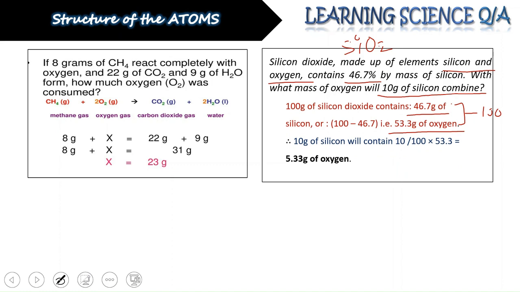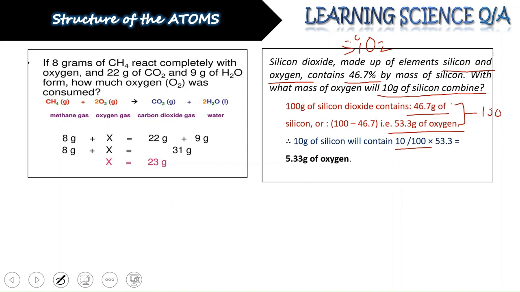Talking about 10 grams of silicon, it will combine with either you can directly calculate it as 5.33 gram of oxygen, or you can do 10 by 100 multiplied by 53.3.